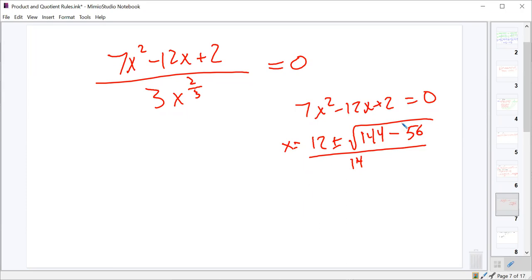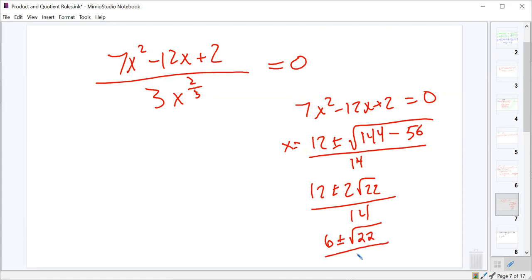And what is that? That's 88 inside of there, I think. And the square root of 88, if we want to simplify that down, we can take a 4 out of that, right? That's 2 root 22. So 12 plus or minus 2 root 22 over 14, which gives us 6 plus or minus root 22 over 7.